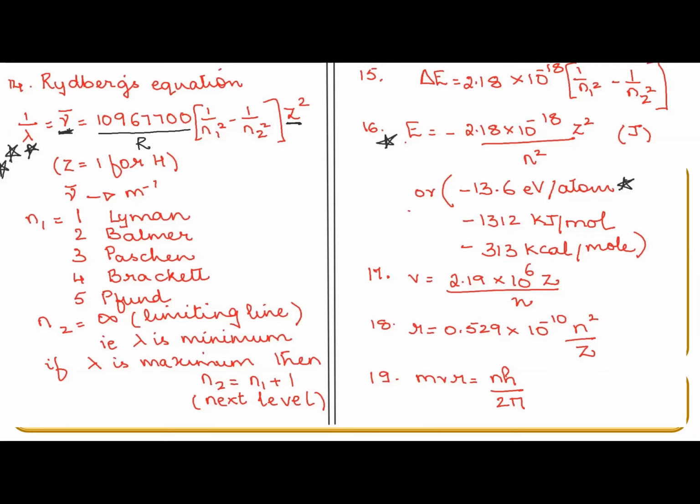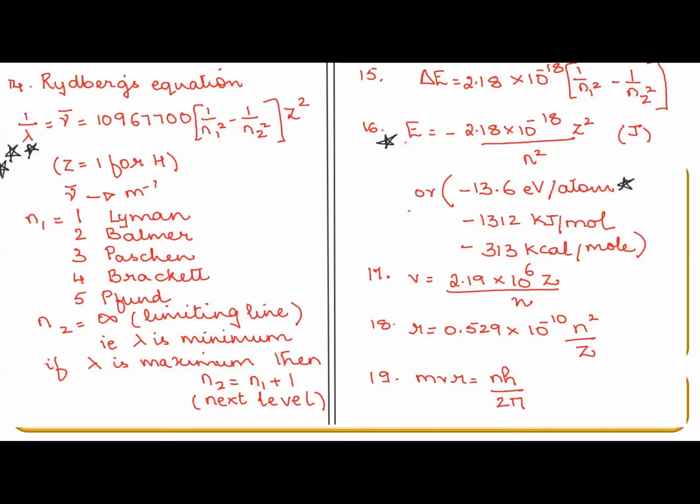Now, if it is hydrogen, then Z is 1, so you don't have to write this. If it's hydrogen, you don't need to write this. That is the case in most of the problems that we solve. Sometimes they can ask about hydrogen-like species like He plus or Be2 plus. That time you have to consider this Z. Okay, so this is the Rydberg equation.